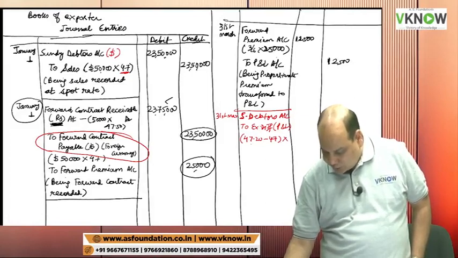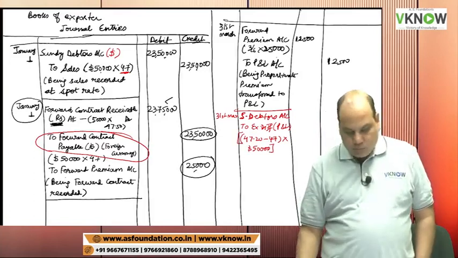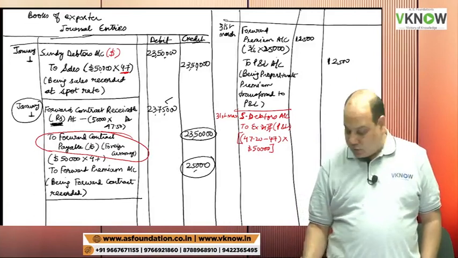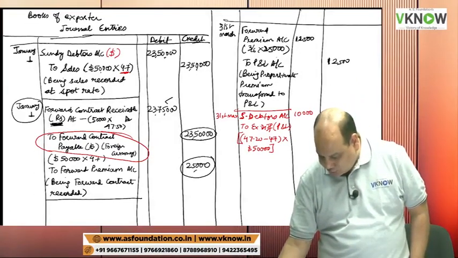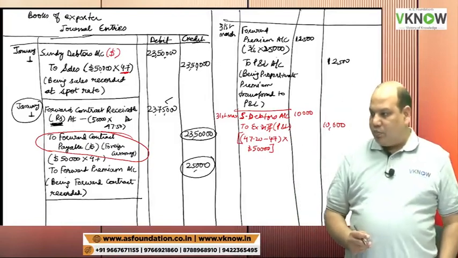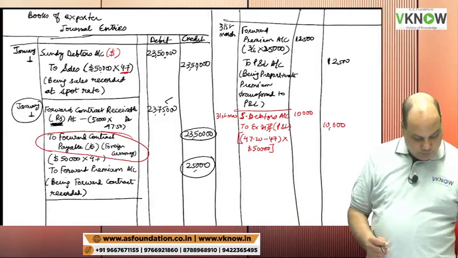So multiply 47.20 minus 47 into $50,000. This will give you 0.20 into 50,000, 10,000 rupees exchange gain. Enjoy. This will give you 10,000 rupees exchange gain.